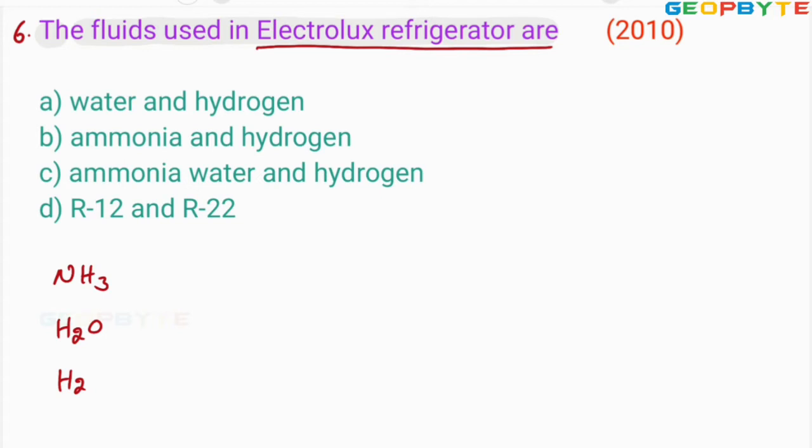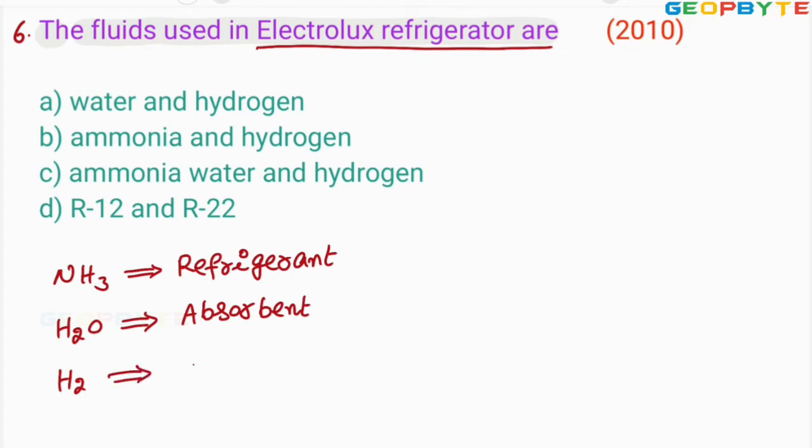Now, ammonia is used as a refrigerant. Water is used as absorbent. And hydrogen is the circulating agent.